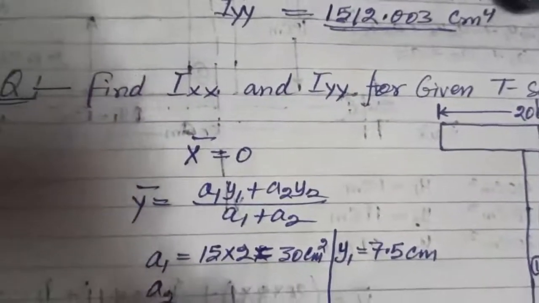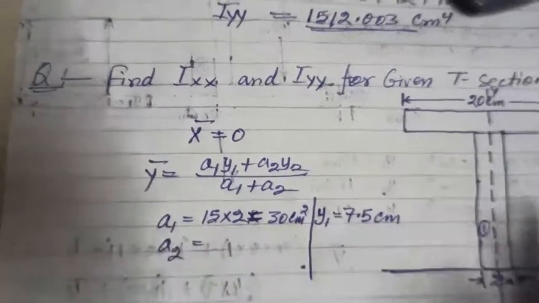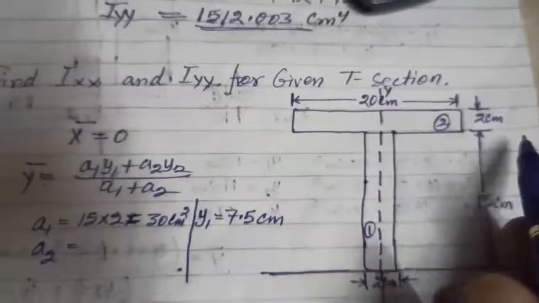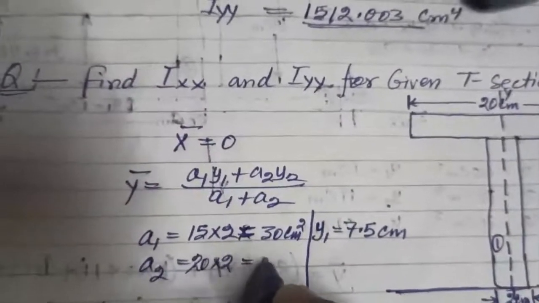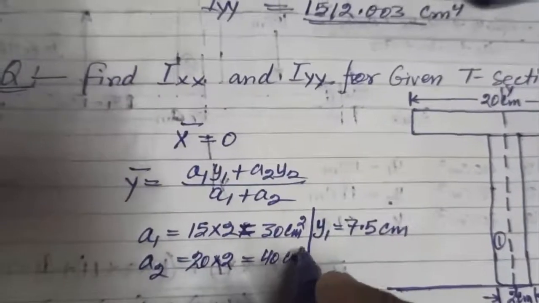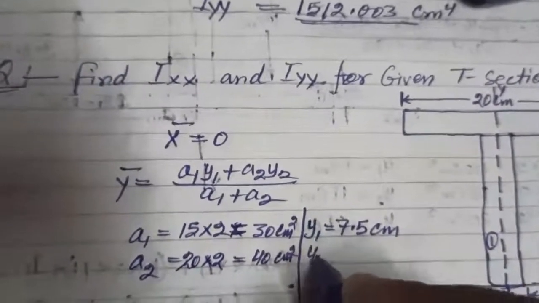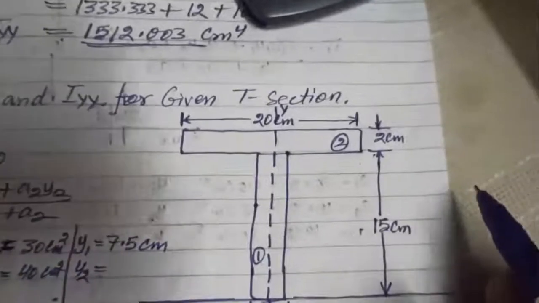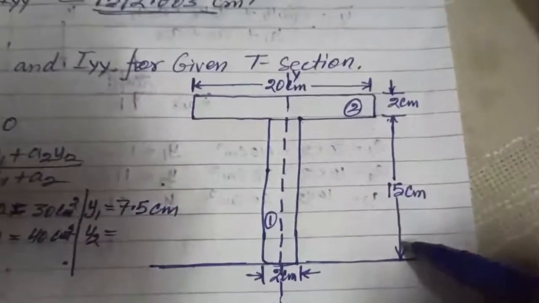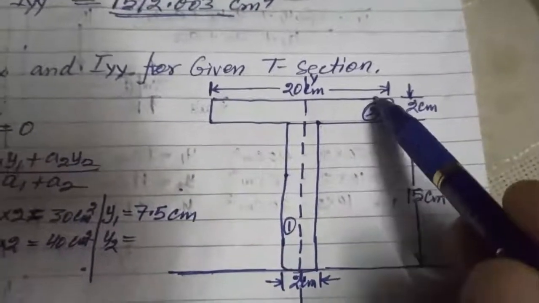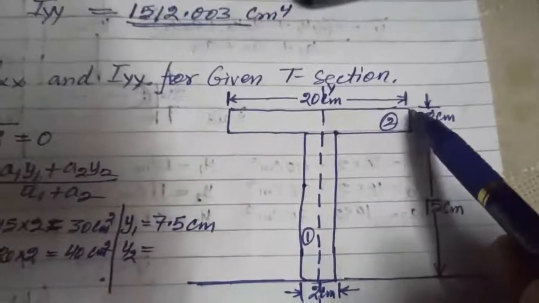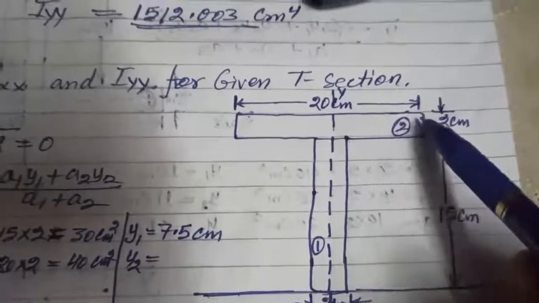And A2 is 20 into 2, so 20 into 2 is equal to 40 centimeter square. And Y2 is, in total, 15 plus 2 equals 17, and it is at 1 centimeter from the upper side.